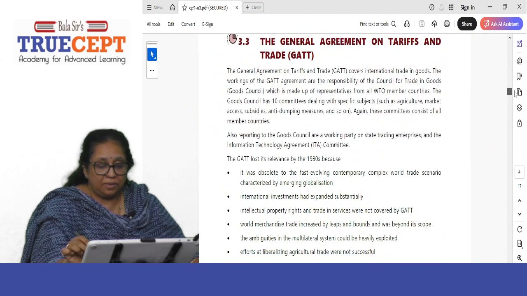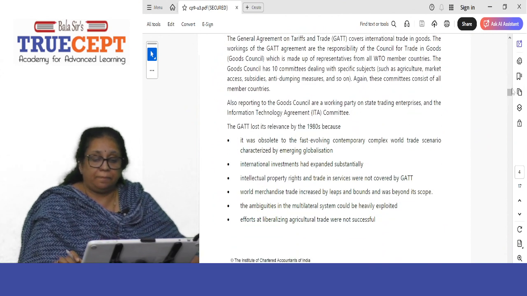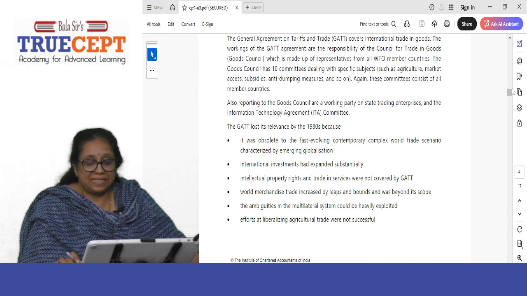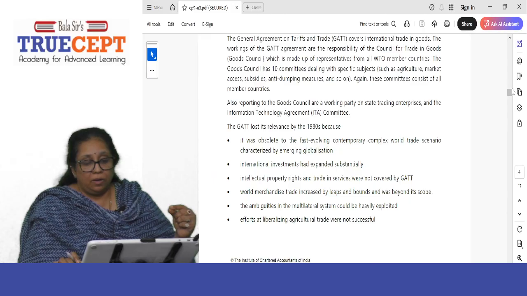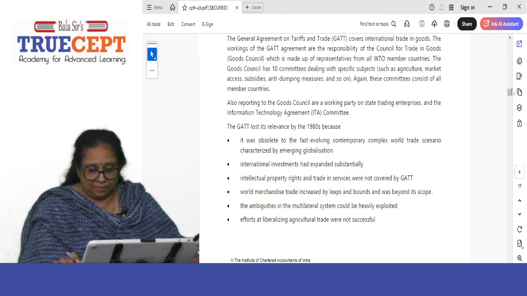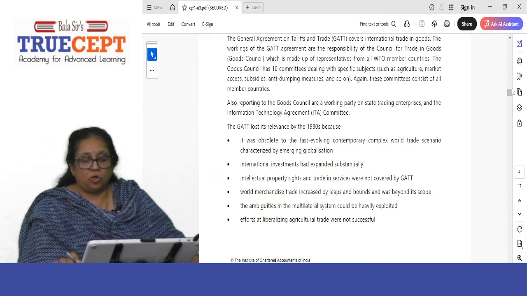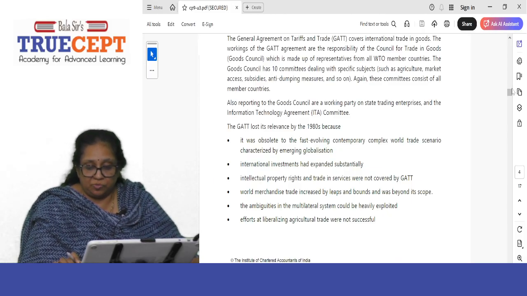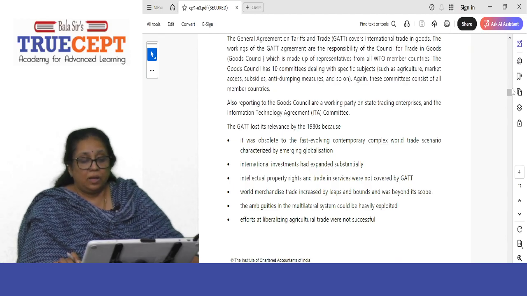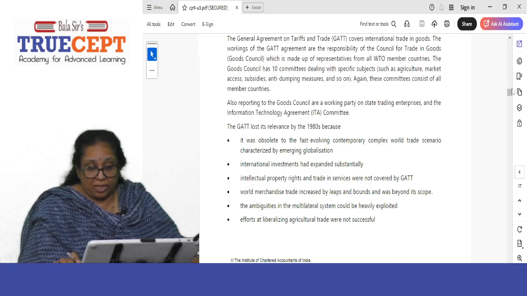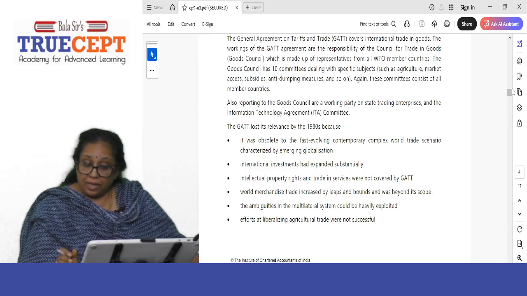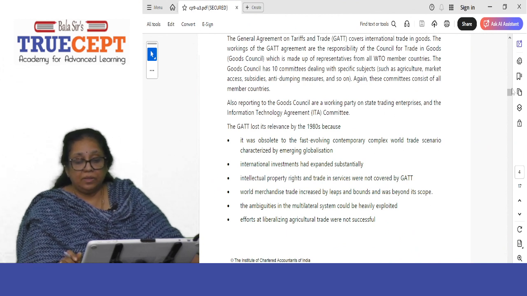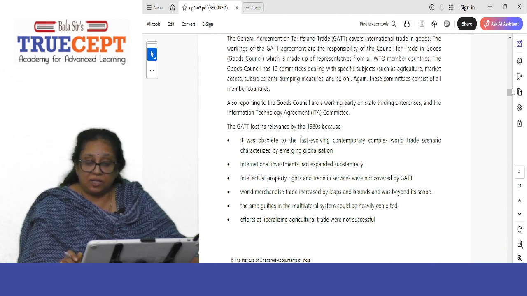Then you have the General Agreement on Tariffs and Trade. This is an important part: GATT lost its relevance by the 1980s. Why? They might ask a question on this: which is not a reason for GATT losing its relevance in the 1980s? It was obsolete for the fast-evolving, complex contemporary world trade scenario. International investments had expanded substantially.